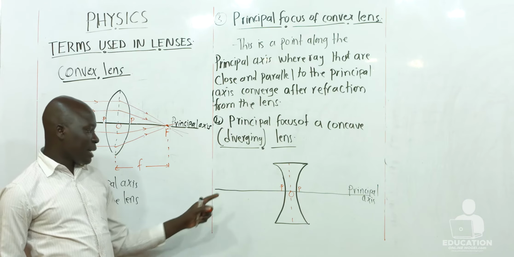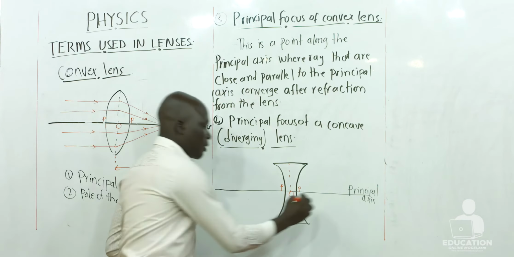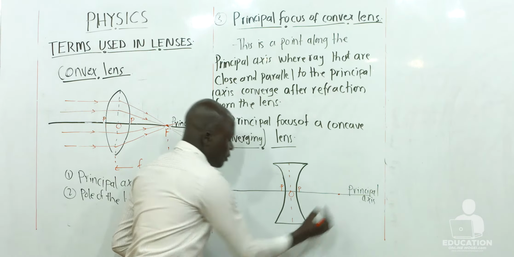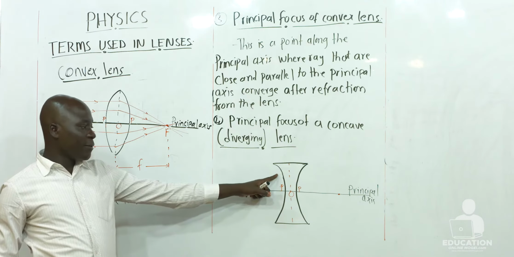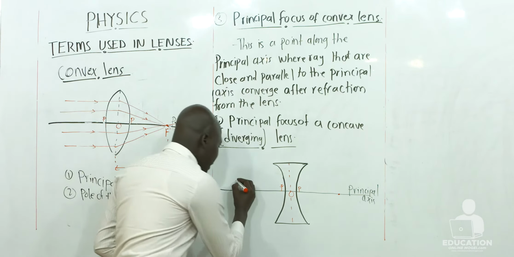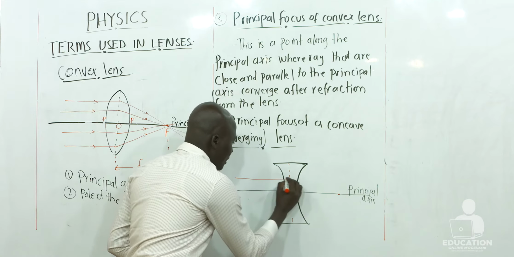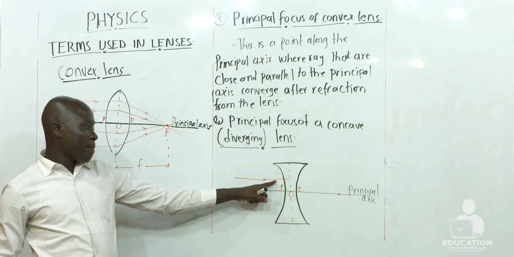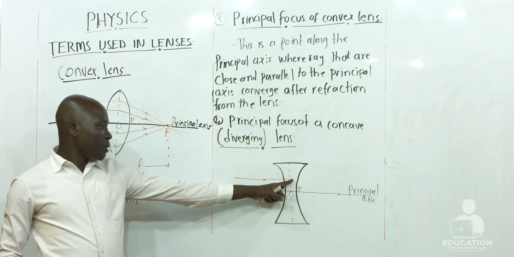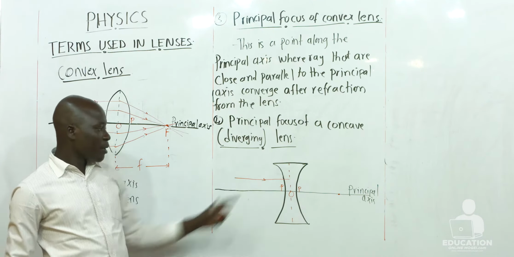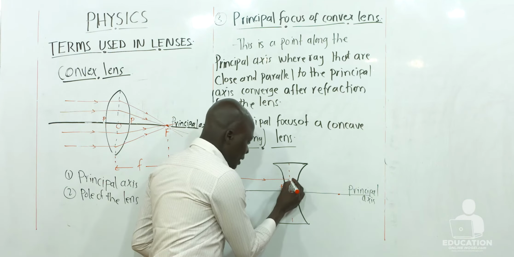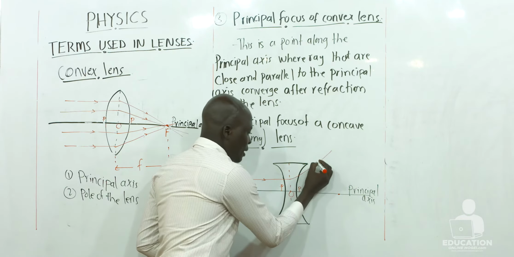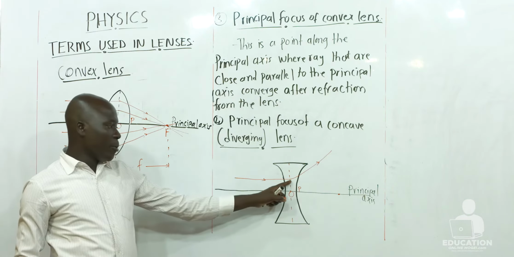Now rays of light will be falling on this concave lens. If a ray that is parallel and close to the principal axis meets the lens, we shall find that this ray will be refracted away from the normal direction.